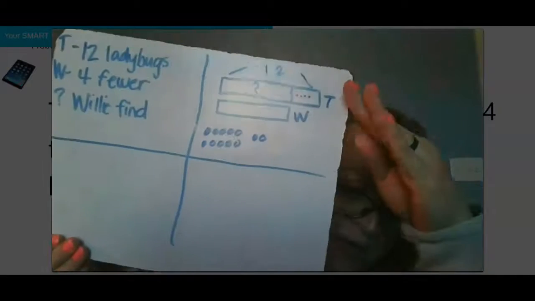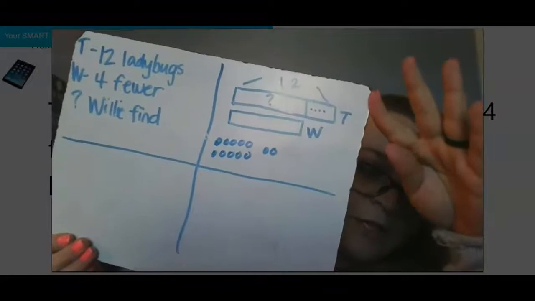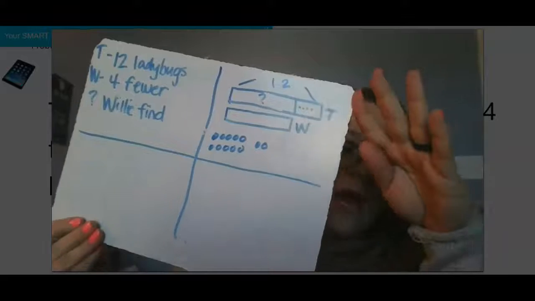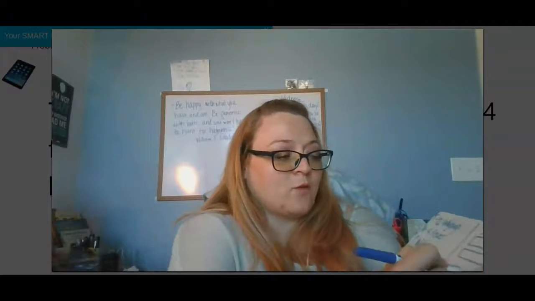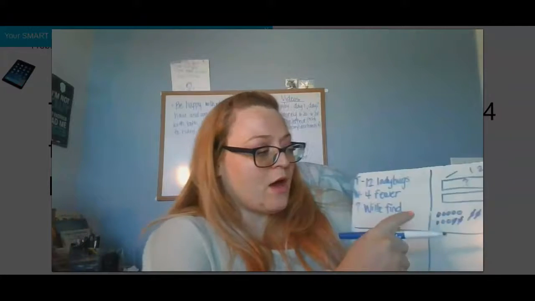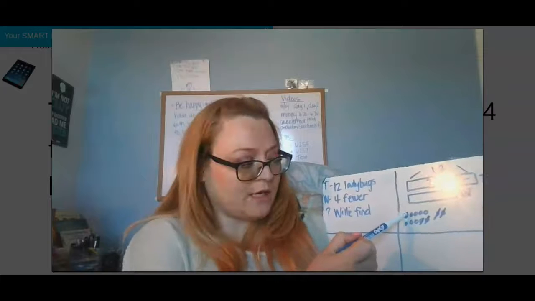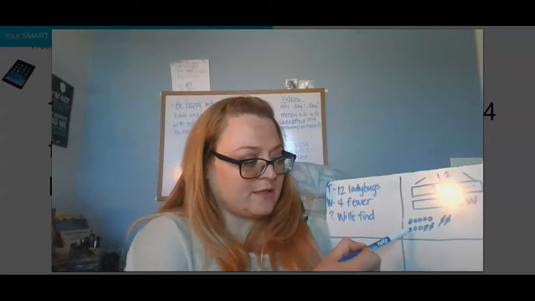I drew my 12 circles, right? And when we do subtraction, we cross them off. So let's cross off 4. 1, 2, 3, 4. Count how many are left. 1, 2, 3, 4, 5, 6, 7, 8.